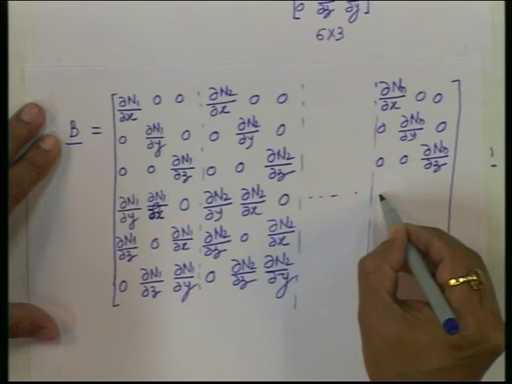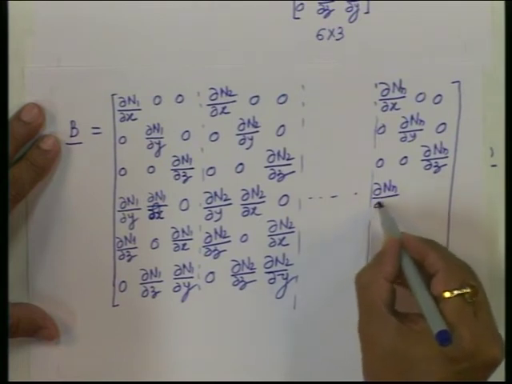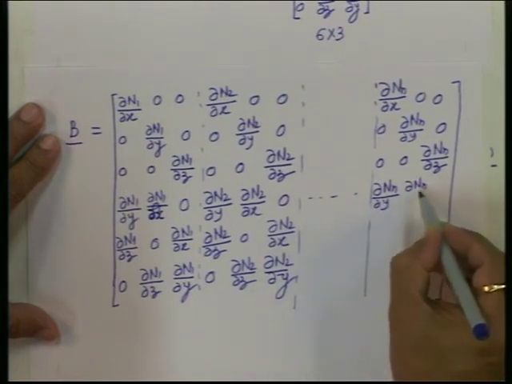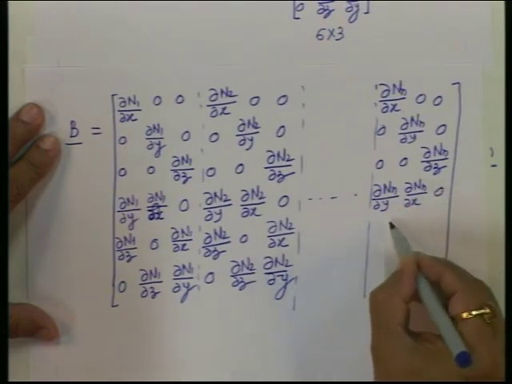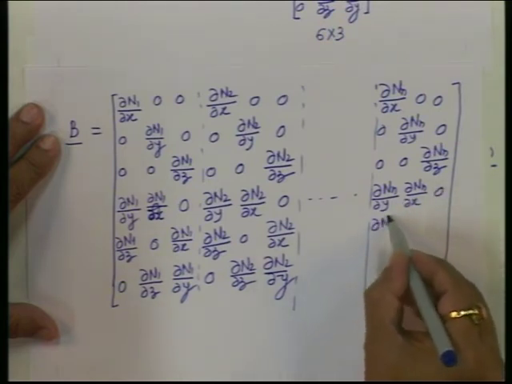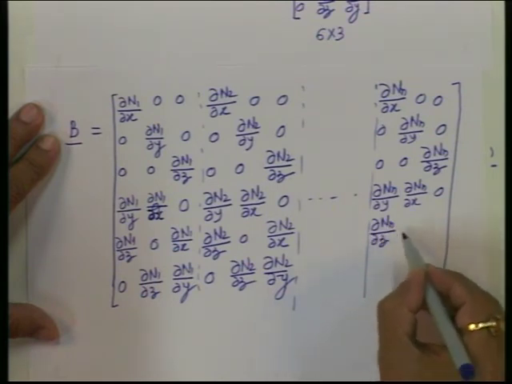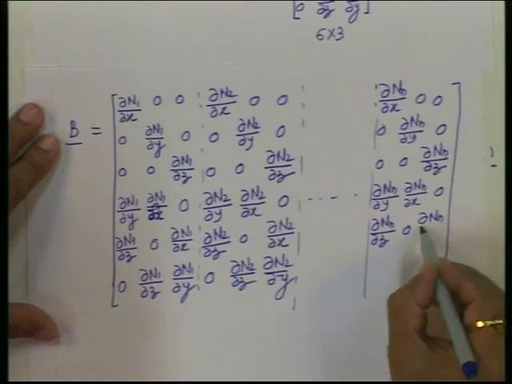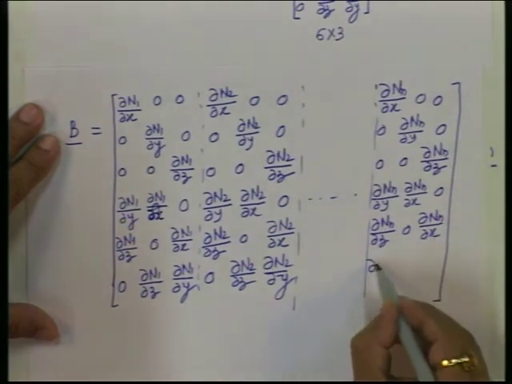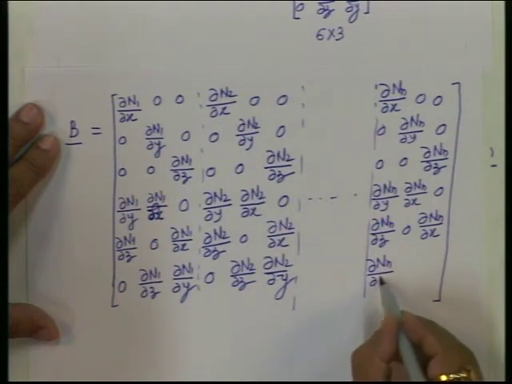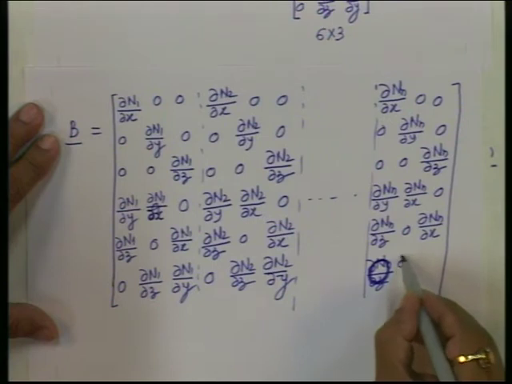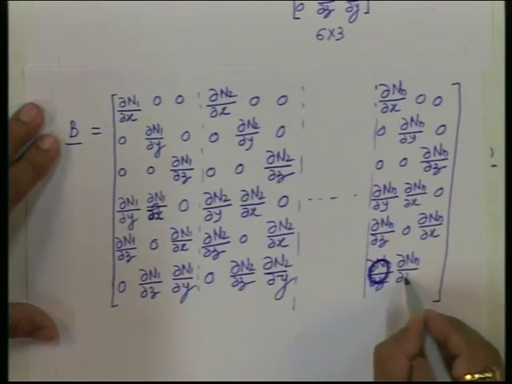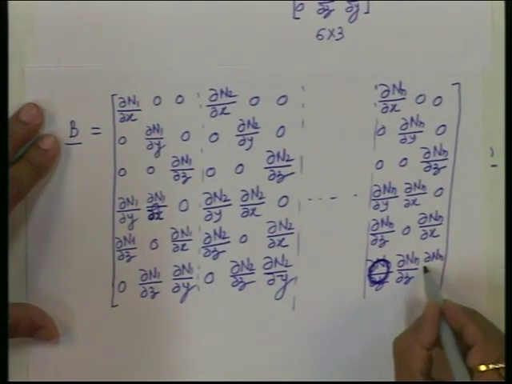The first three rows are over, and the fourth one is dNn by dy, dNn by dx. I will ask you later how you got this. And dNn by dz. Sorry, the last one is 0 here, there is a 0 here, and then dNn by dz and dNn by dy.